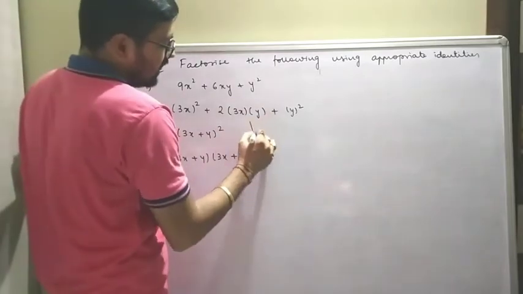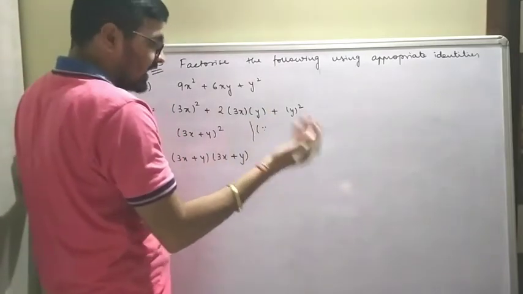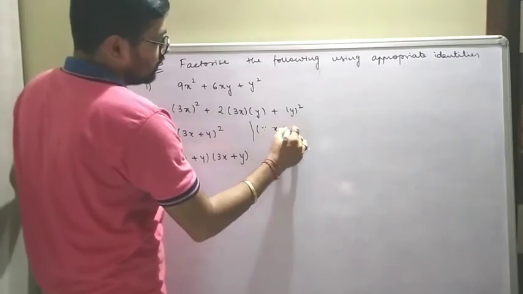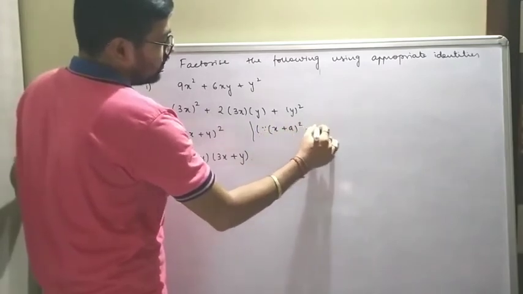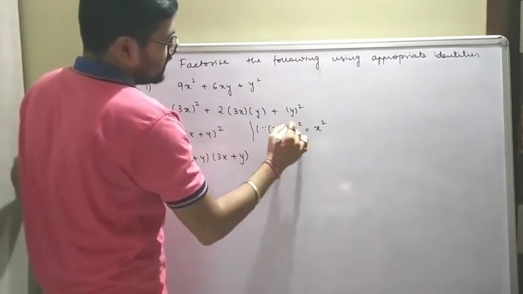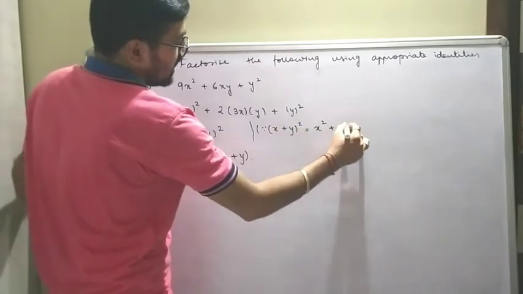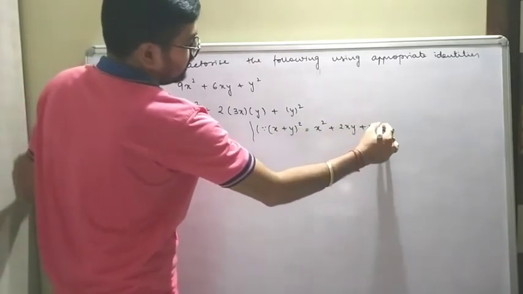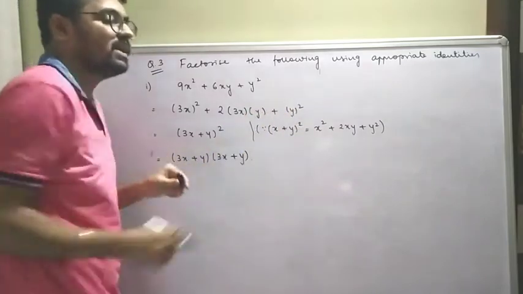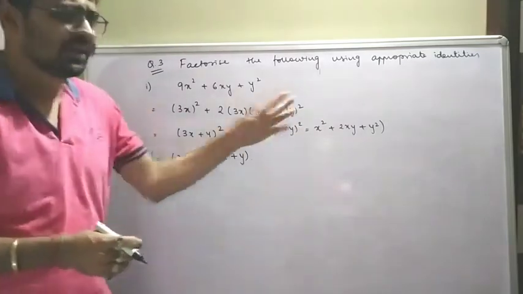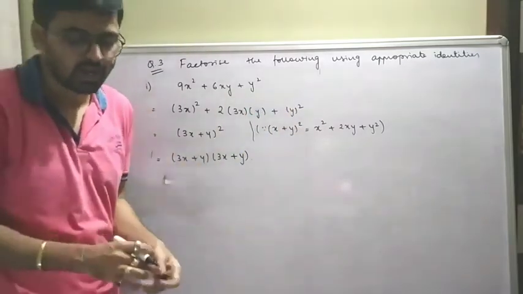And if you are thinking which property or which identity we have applied, it was x plus a whole square. Let me say x plus y whole square, x square plus 2xy plus y square. This identity we have applied, and it's very easy to understand. There is no difficulty at all.